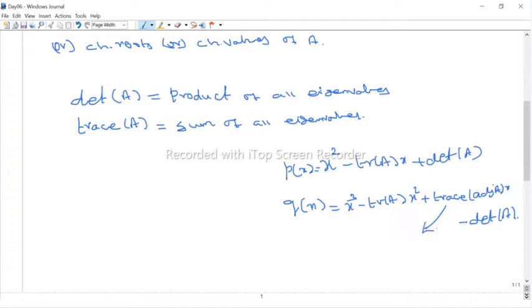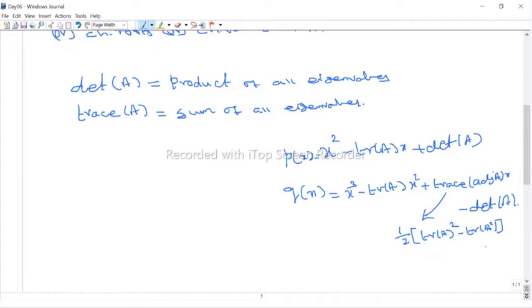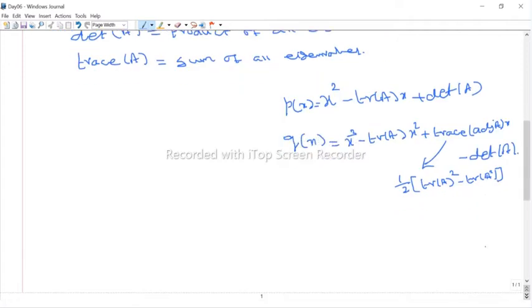Or instead of finding the trace of adjoint of A, we can take 1 by 2 times trace of A whole square minus trace of A square. Only the coefficient of x changes; both are the same, but for the adjoint you have to find the adjoint of A. Instead, first take the trace and square it, then find A square and take its trace, subtract, and divide by 2. So this is the characteristic polynomial of any 3 by 3 matrix.